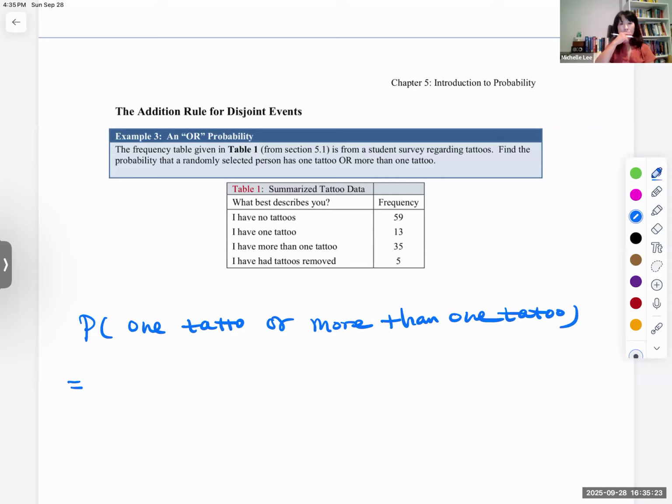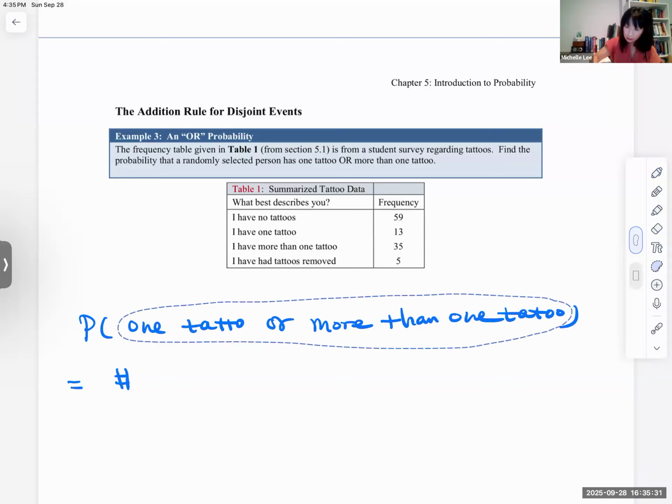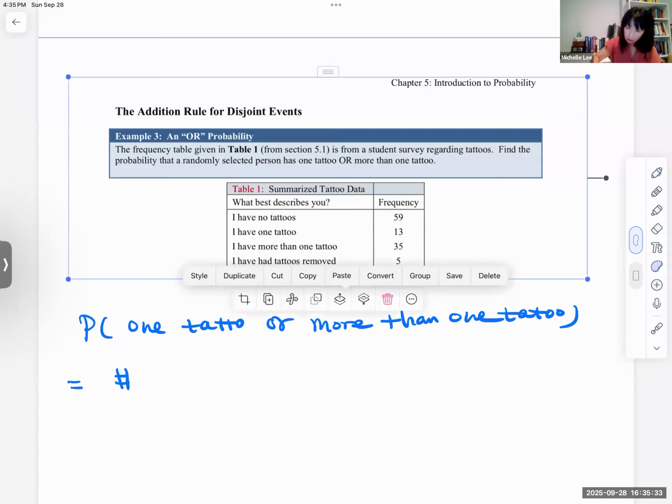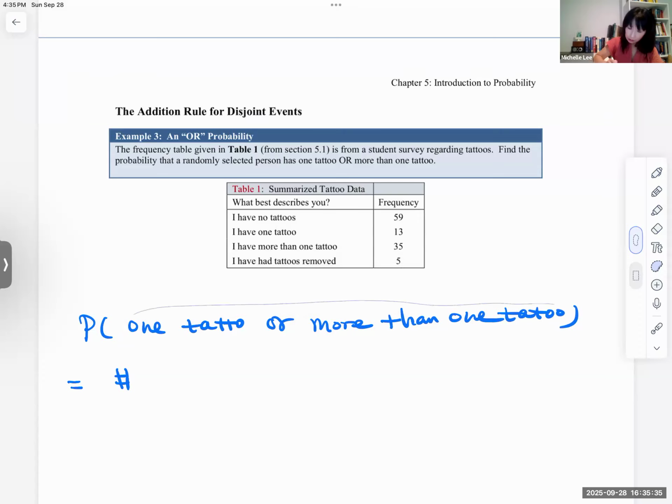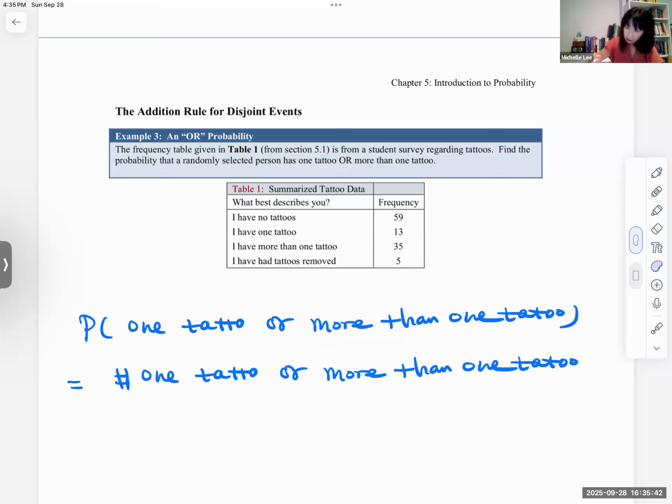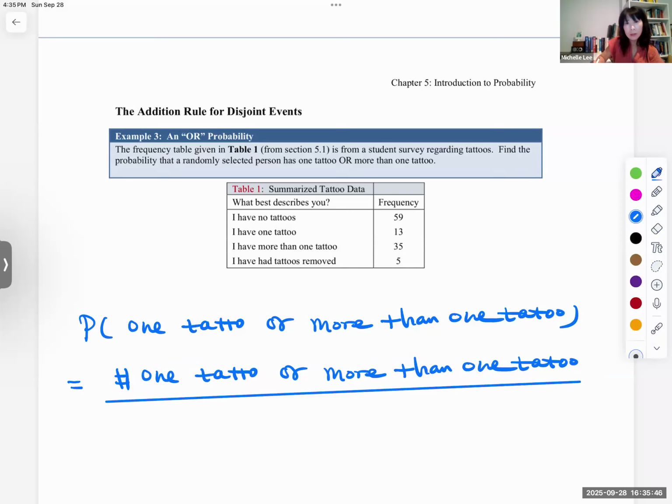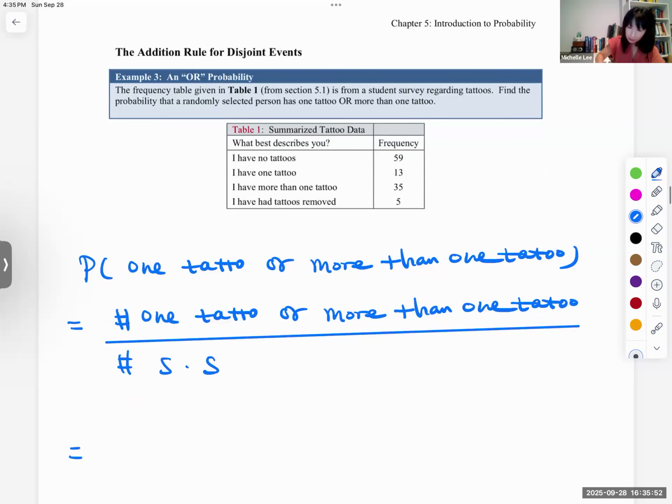Okay, how do we do it? So the number of, or frequency, same, right? So I just want to copy this one, copy, and divide by the sample space, right? Yeah, the number of the sample space. How big is the sample space?